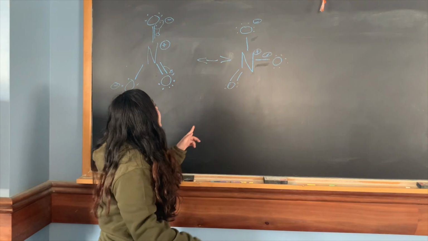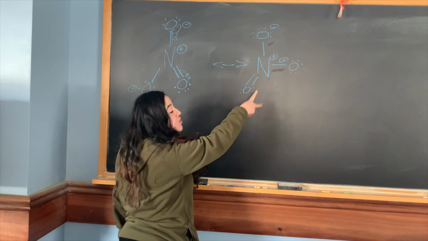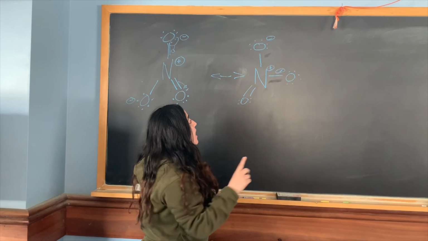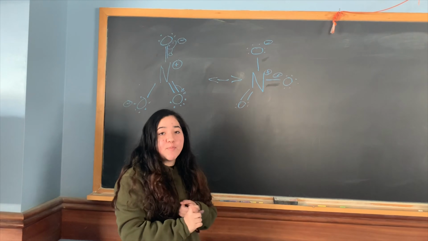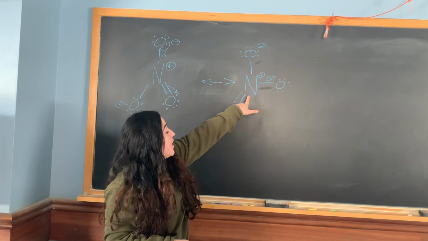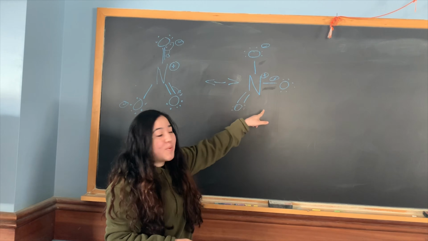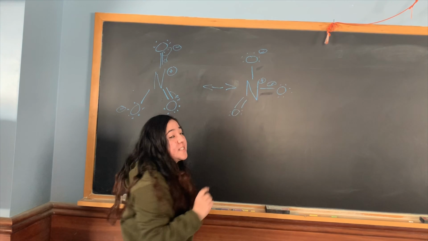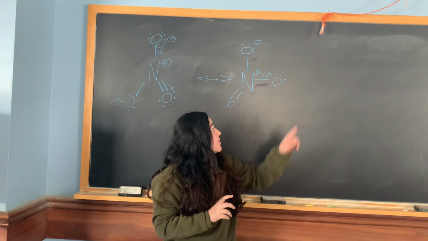As you can see, because there are 2 single bonds and 1 double bond, it's still the same molecule with the same charges. Nitrogen is still positive, and there are 2 negative oxygens.